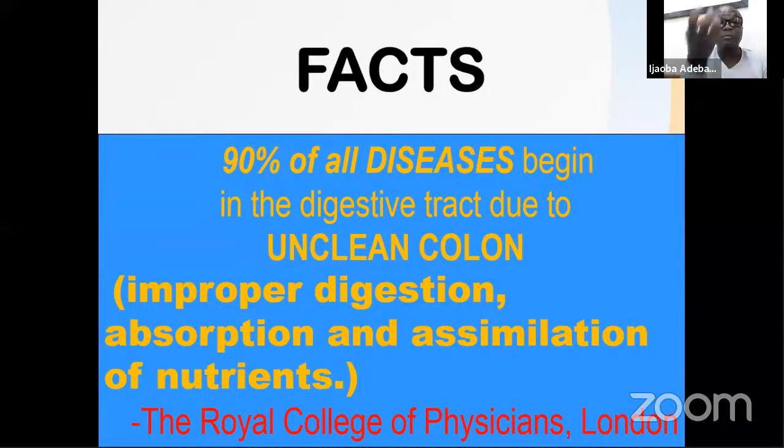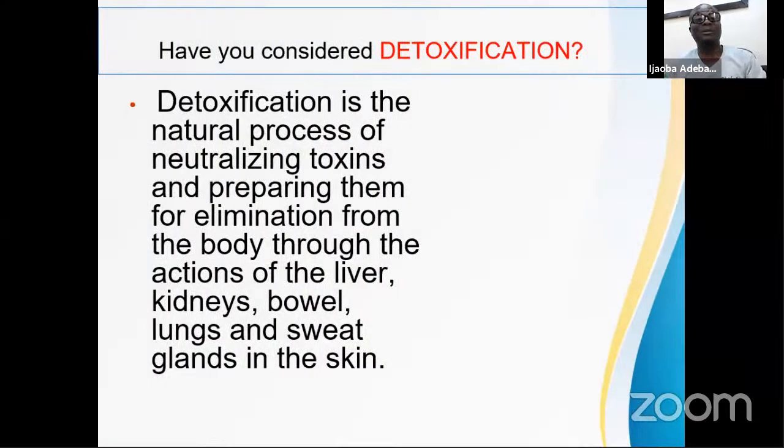That is where we have proper absorption of nutrient before it will be assimilated into the bloodstream and gets to all the other organs of the body. So if you are having improper digestion, you are having improper absorption and assimilation, there will be clogging up. And before you know it, you start putting on extra pounds in your abdominal fat. So we need to establish that.